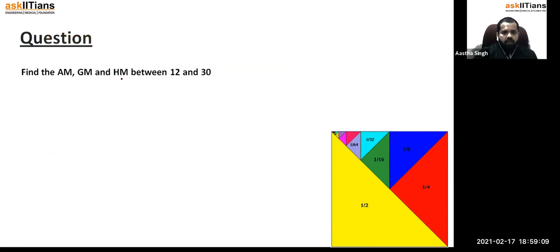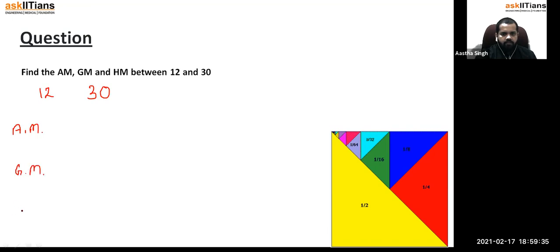Okay, so now we'll do a question based on it, right? Find the arithmetic mean, geometric mean, and harmonic mean between 12 and 30. You are given two numbers, 12 and 30. Find AM, arithmetic mean. Find GM, geometric mean.